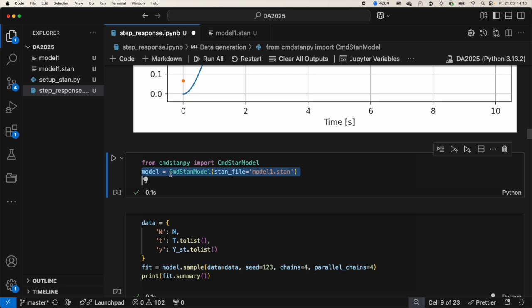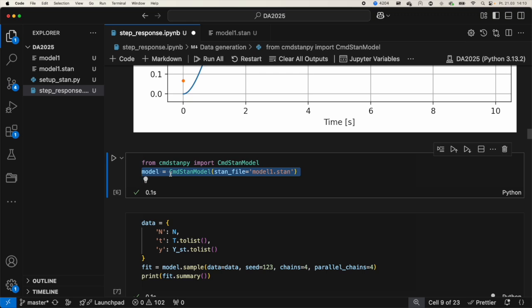CmdStanPy can also break on system updates, especially on Mac, but it's relatively easily fixable, and you don't lose information as easily as in PyStan. But maybe we'll switch sometime, or maybe we'll switch from Stan altogether to PyMC, but I'm a little bit shaky about that.